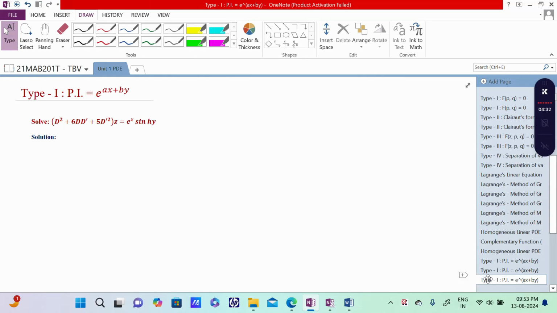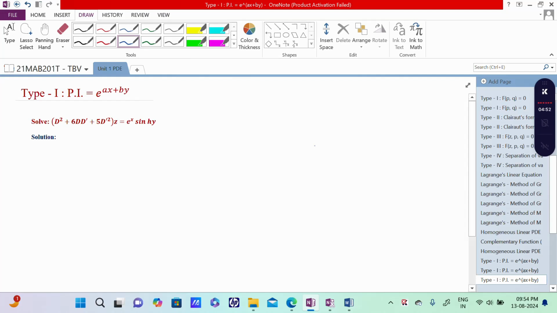Solve (D square plus 6DD dash plus 5D dash square) z equal to e power x sinh y. But look at this problem. When I mentioned the particular integral, the right hand side was only e power ax plus by. But here it is e power x into sinh y. A hyperbolic function is given.